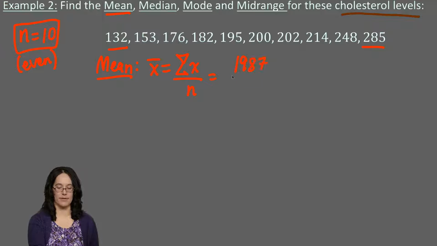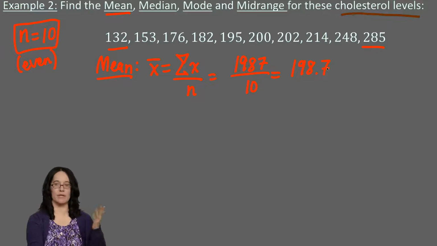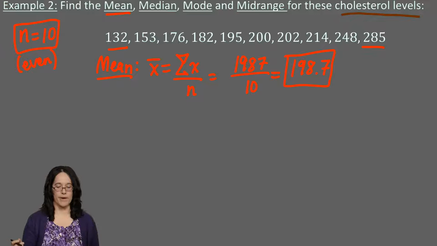All right. Hopefully. And dividing by 10, you end up with 198.7 exactly this time. No need to round here, right? Okay. So that would be what we call the average cholesterol value from this data set of individuals, okay?